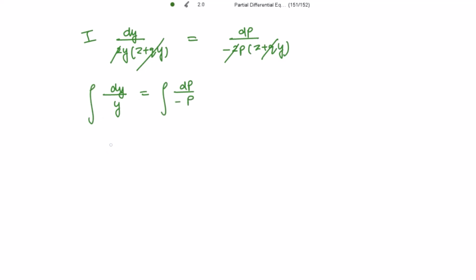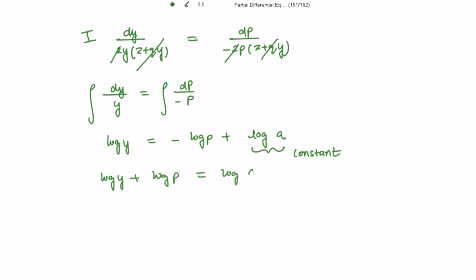Integrating both the sides, we get log of y equals negative of log of p plus the constant log of a. This is constant. So from here we get log y plus log p equals log a. Using the properties of log, it is p into y equal to a. From here we get the value of p to be a divided by y.